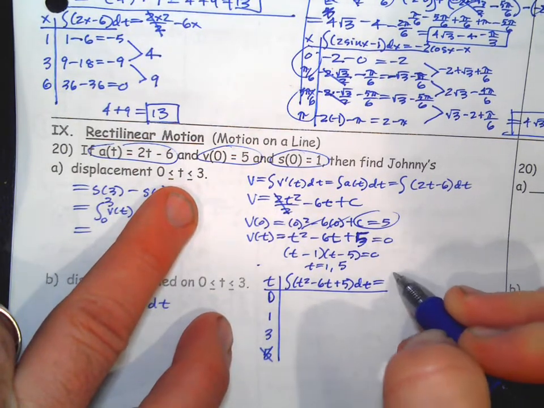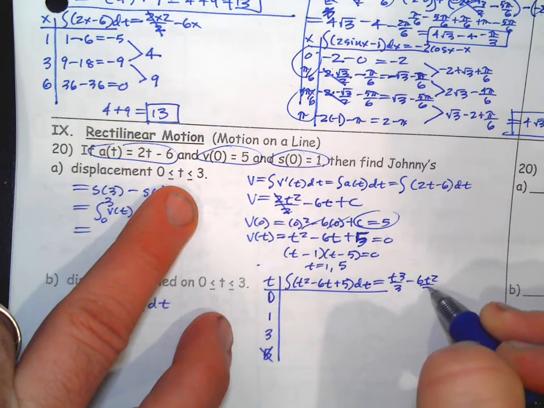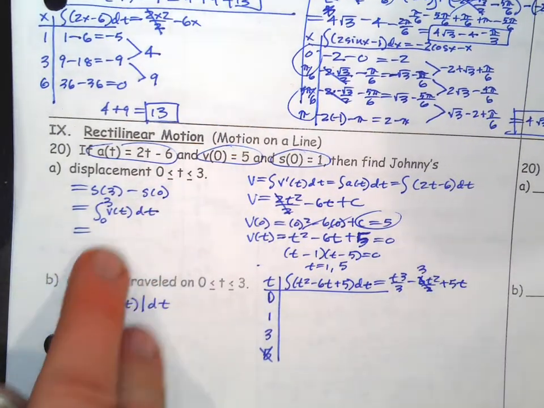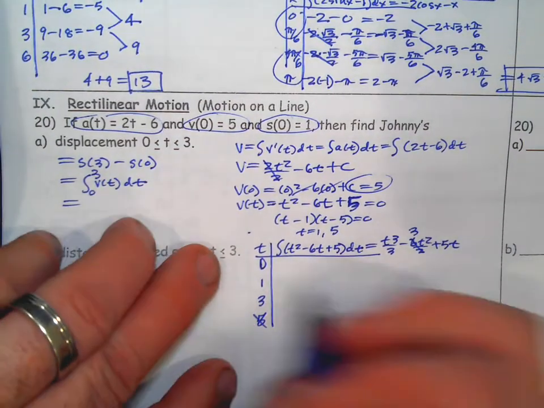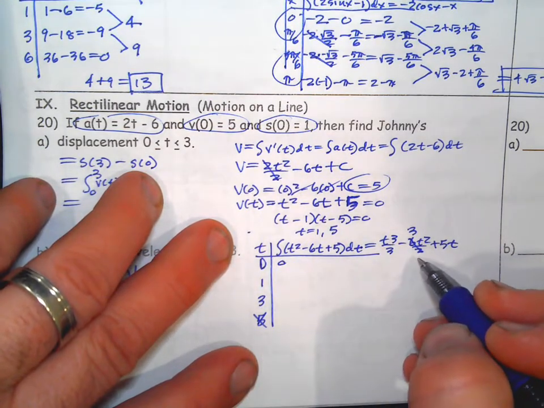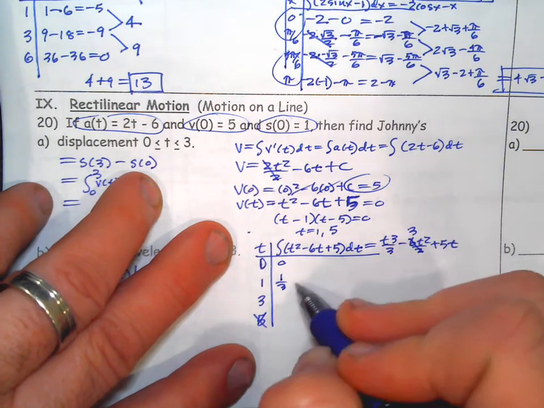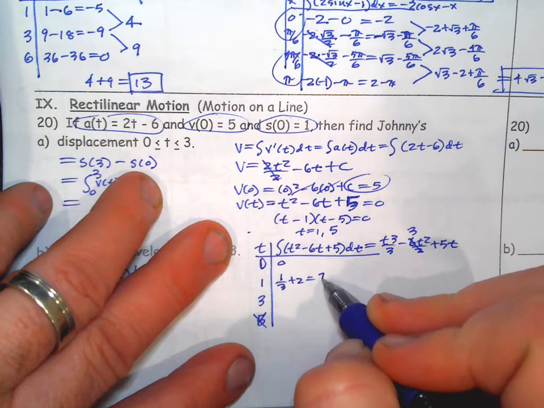And that's going to give us t cubed over 3 minus 6t squared over 2 plus 5t. So you're on the path to finding the position function, but we kind of bail and don't find the c value and use the table to make everything nice. It's going to be 0. If you do 1, it's 1/3 plus 2, so that's 2 and 1/3, that's 7/3.